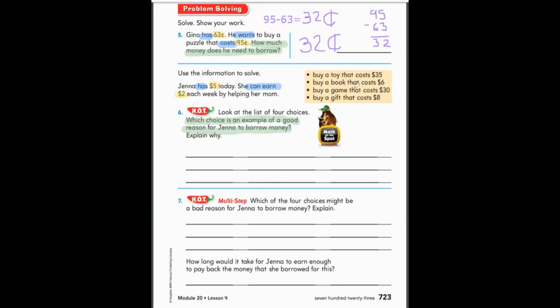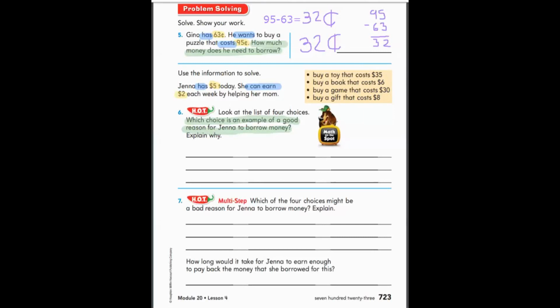Buy a game that costs 30 is the same as the first option. You have to work too many weeks to make all this money. And this option to buy a gift that costs 8, well, that's an option too. She got invited to a party, for example, and she's going to buy a gift for her friend. Then she already has 5 and she just needs $3 to get 8.